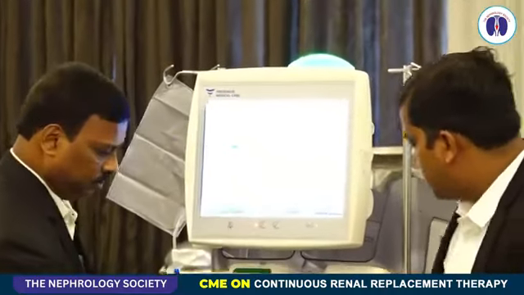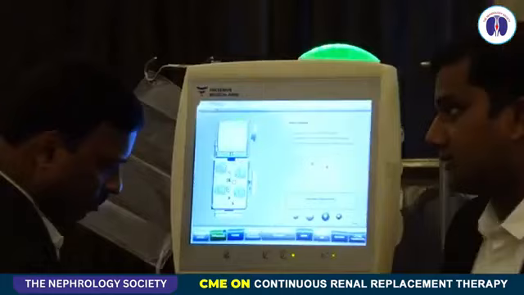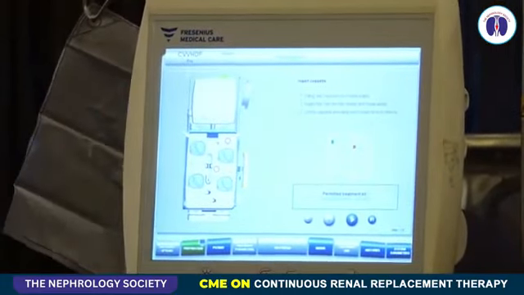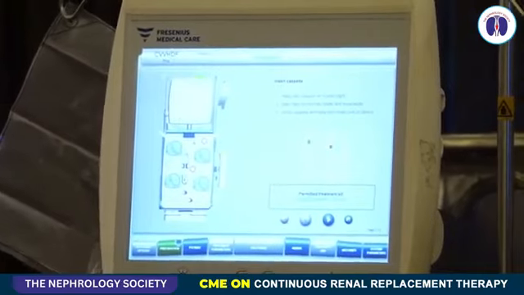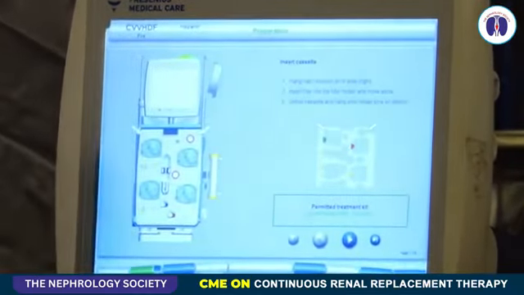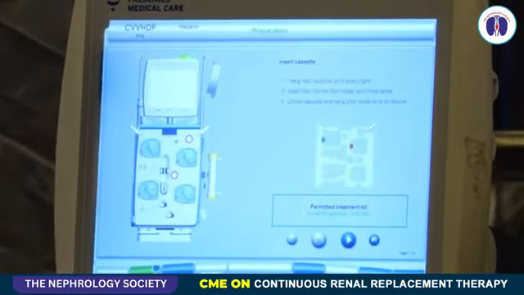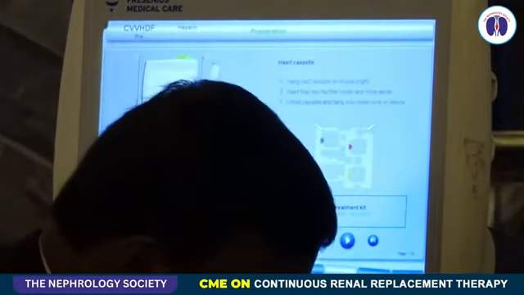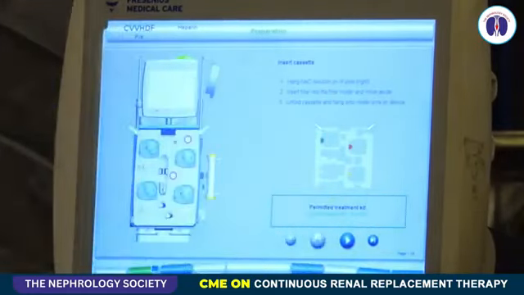There are 2 terminologies only. One is flux, second is cutoff. Flux determines the amount of ultrafiltration done per unit of transmembrane pressure: low flux, medium flux, high flux. Cutoff is determined by the molecule which can be removed: low cutoff, medium cutoff, high cutoff.